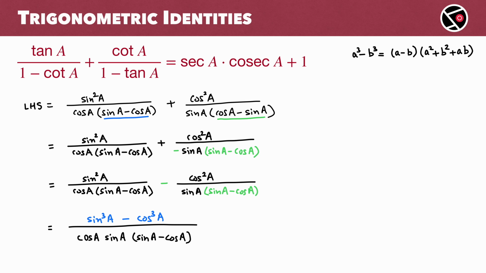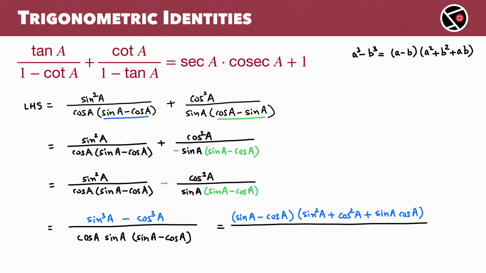So, sine cube A minus cos cube A equals sine A minus cos A, sine square A plus cos square A plus sine A cos A.